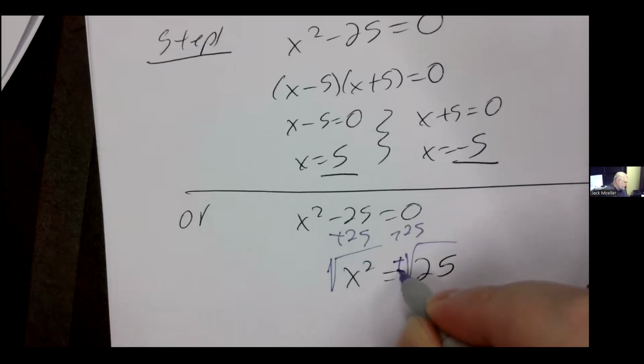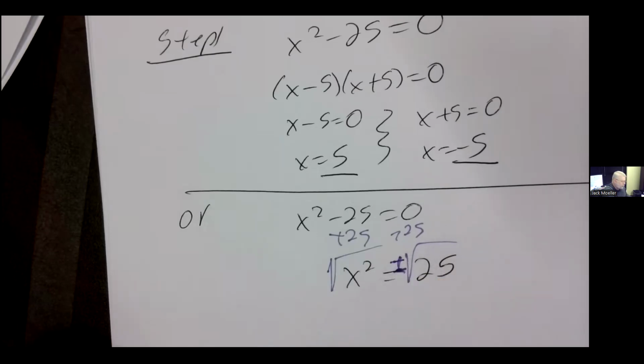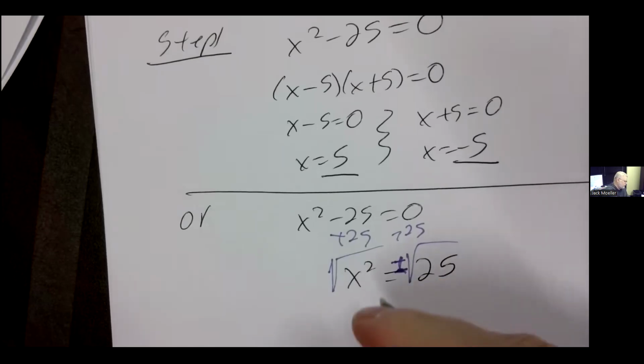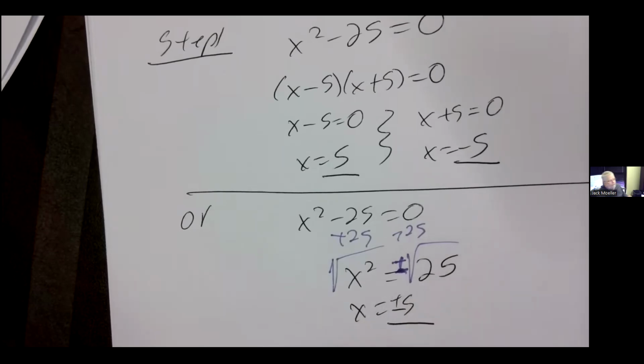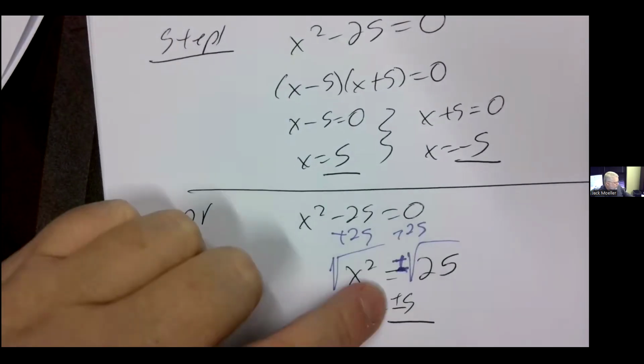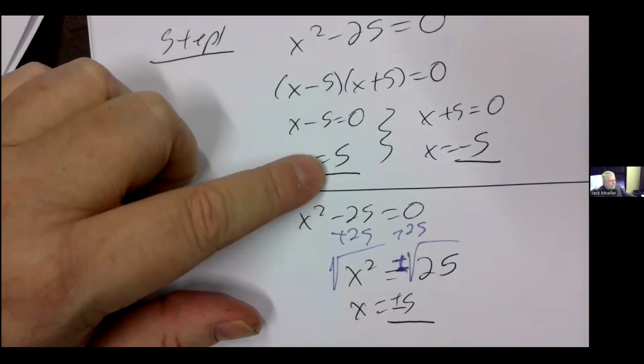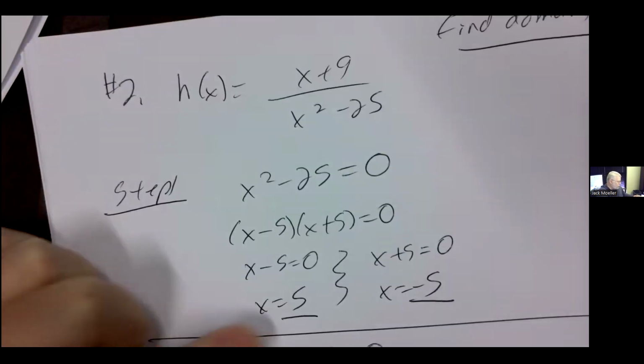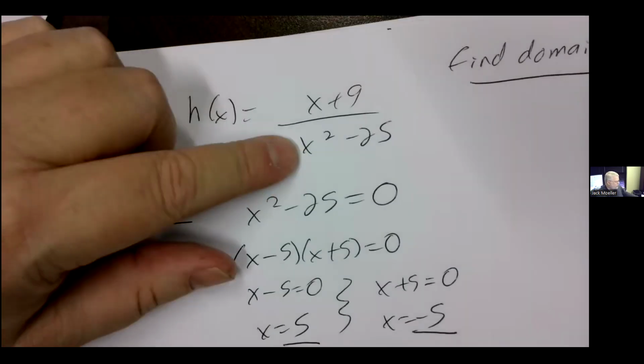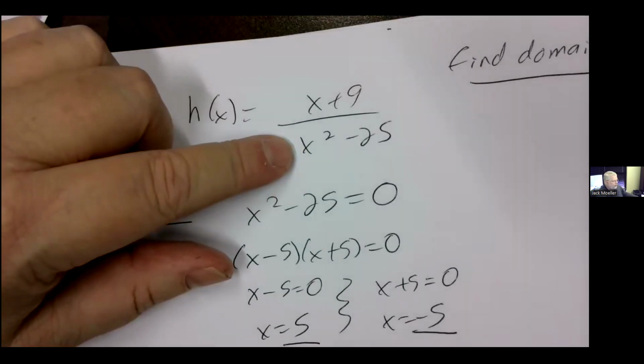You've got to do plus or minus. With the square root property, you've got to do plus or minus. So you get x equals plus or minus 5. Okay. If you forget the plus or minus, you're just getting half the answer. Okay. So what do those x's represent? Those x's represent where we divide by 0.